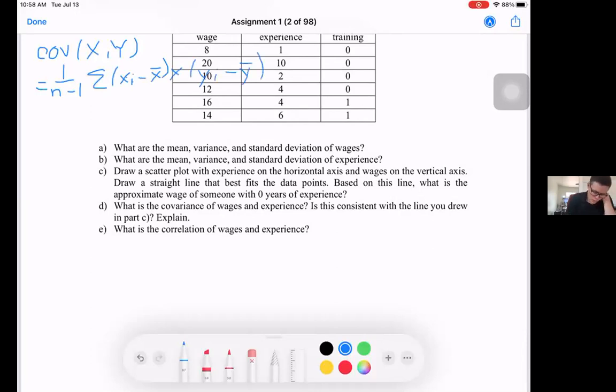Okay, so what's our x bar? We had this from yesterday. Does anyone have that handy? Maybe I have it.